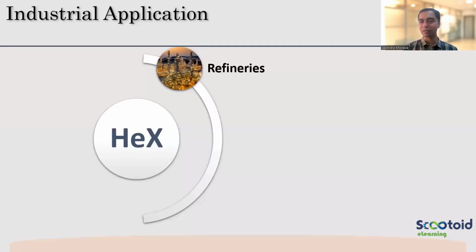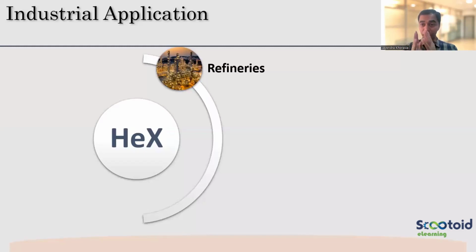Let me give an example in a refinery. In a refinery, the crude oil is distilled into various products like petrol, diesel, naphtha, etc. This distillation happens at a particular temperature and pressure, so this process happens in a pressure vessel.